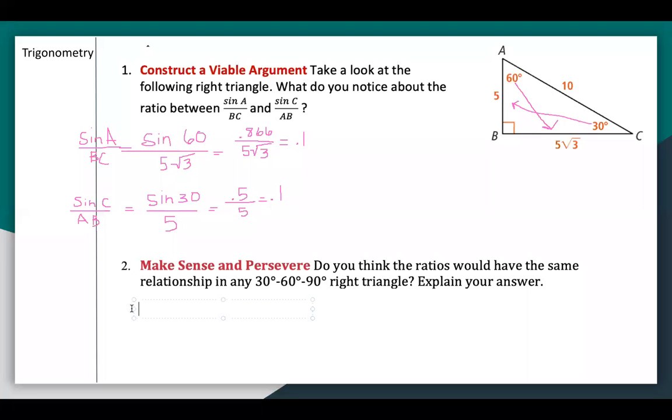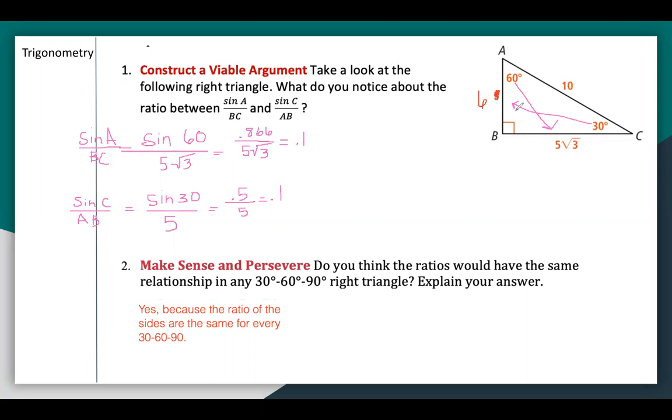Well, what we should have found out is yes. This should always be the case, because the ratio of the sides are the same for every 30, 60, 90 triangle. And what I mean by that is, let's look at this 30, 60, 90 triangle, but let's think about what we were doing on Tuesday, and let's say that this is not 5, but instead 6.